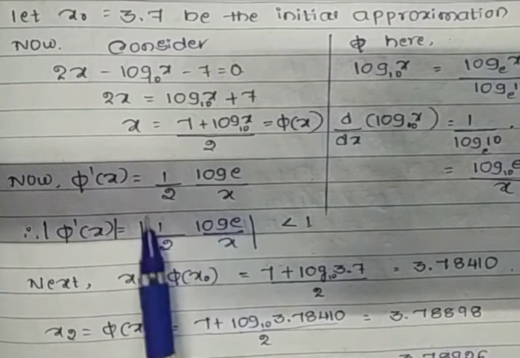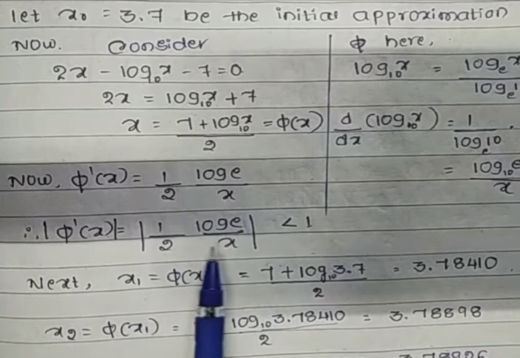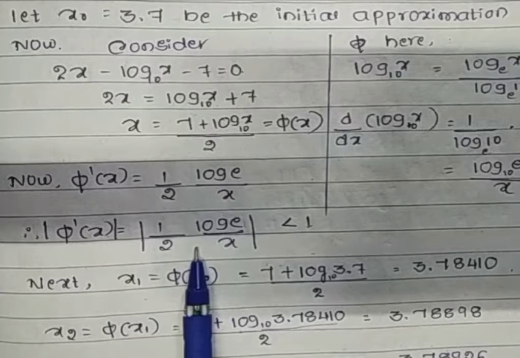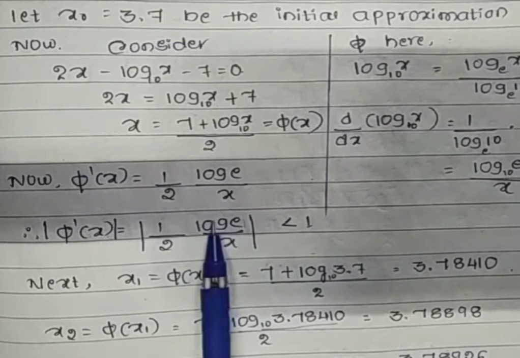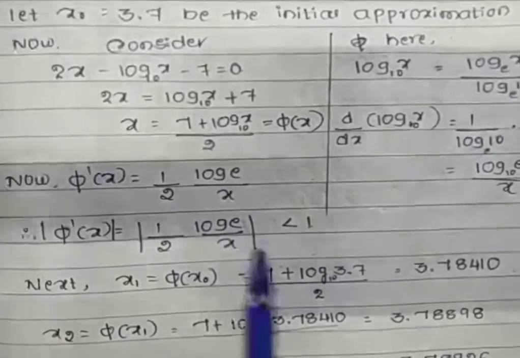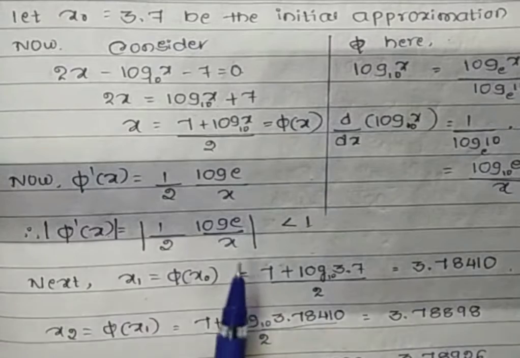So the numerator is already a decimal and in the denominator we have 2 into 3.7. Comparing to the numerator, the denominator is greater. So obviously when we divide, it gives us a value less than 1.